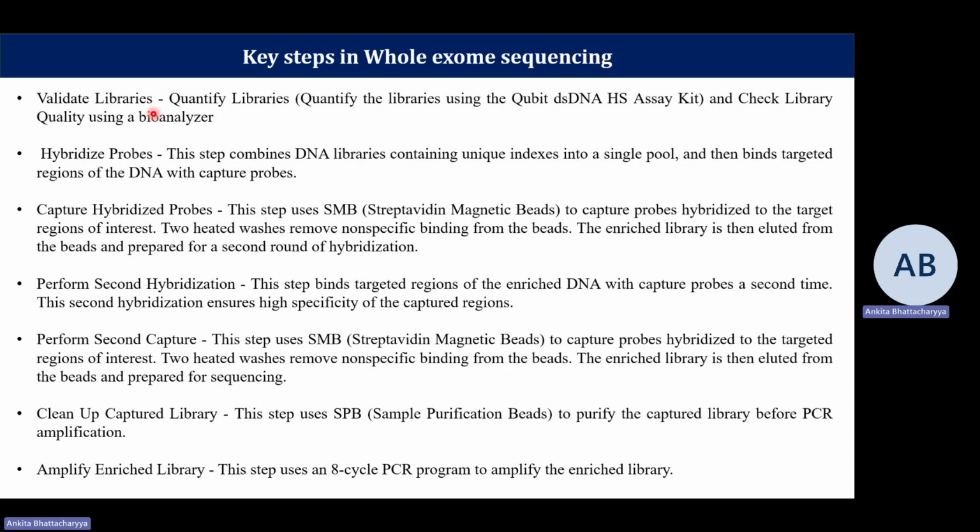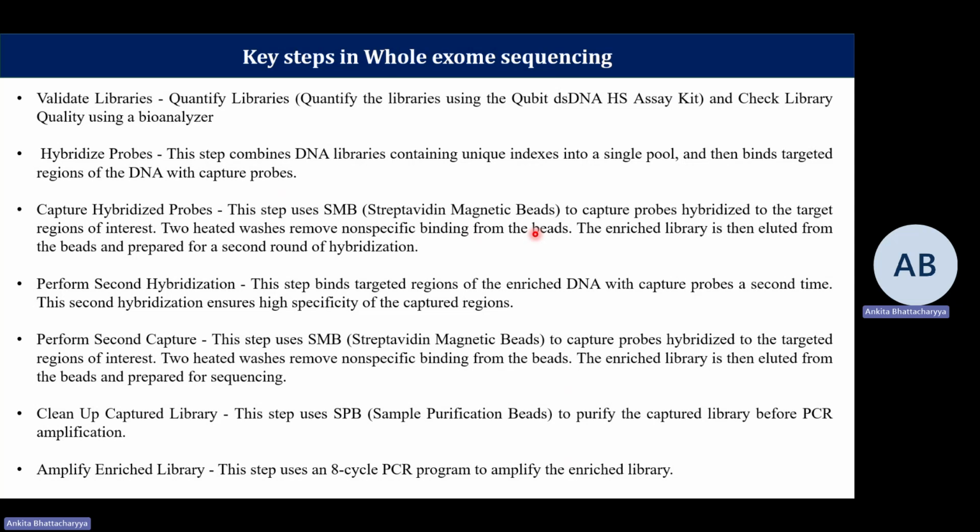And each of these kits has different types of probes which are able to recognize exons to a certain extent, depending upon which library they are a part of. Then you capture these hybridized probes using streptavidin magnetic beads. You also subject them to repeated heated washes, which remove any non-specific binding. And then you elute the enriched library from the beads and prepare it for a second round of hybridization.